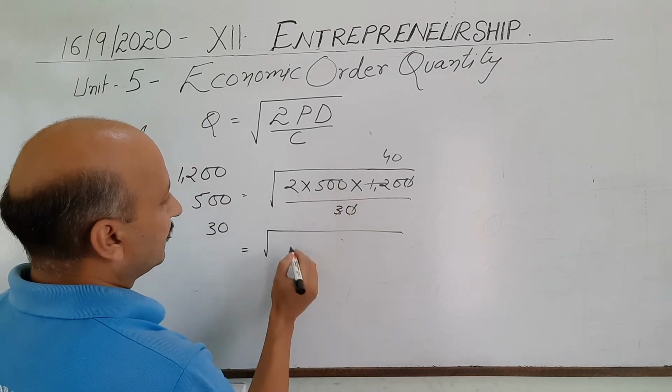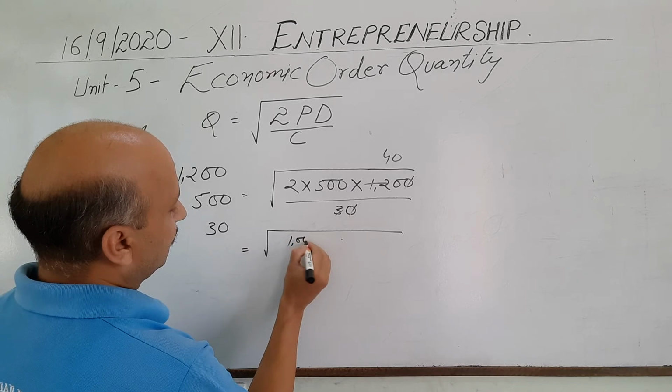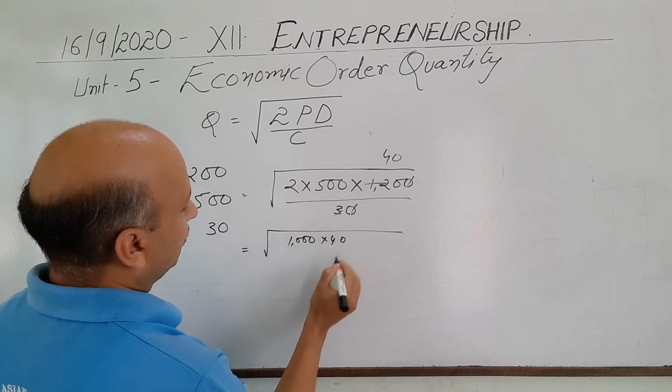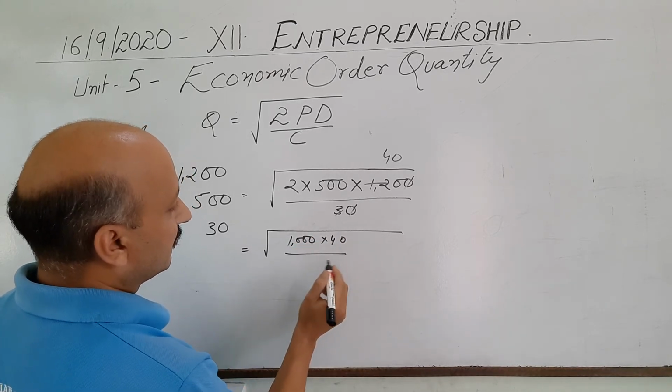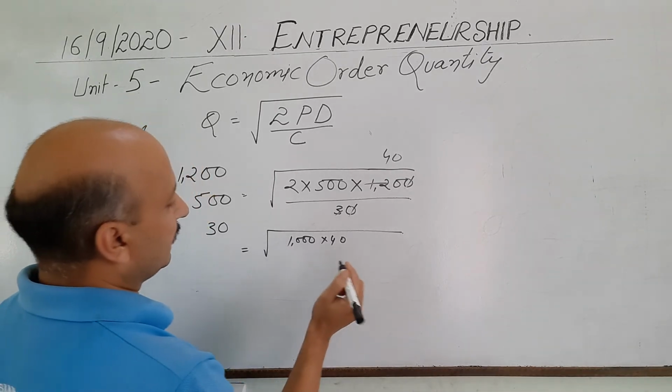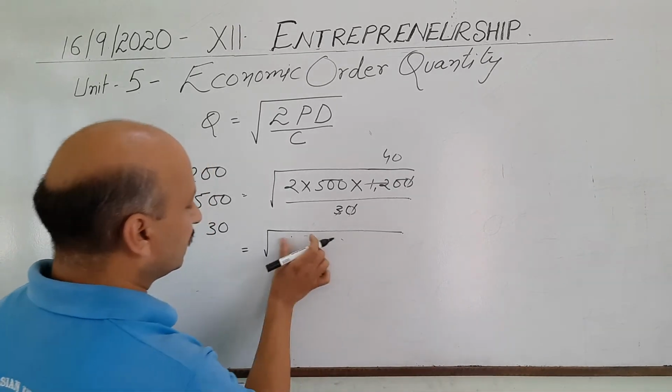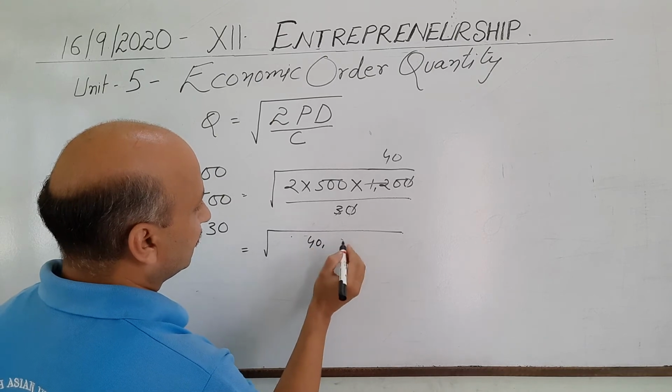So 2 into 500 is 1000, into 40. There is nothing left, so we can directly use 40,000 here.